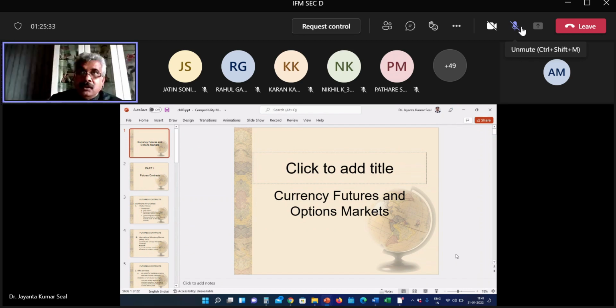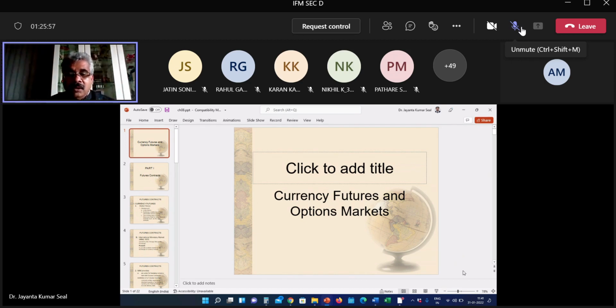Date is also standardized. So if you enter into a contract today for 1 month, it will not expire on 28th of February, or with 2 days of grace, 2nd of March. If you enter into a 1 month contract, it will expire on the last Thursday of February. If you enter into a 2 month contract, it will expire on the last Thursday of March, and so on.